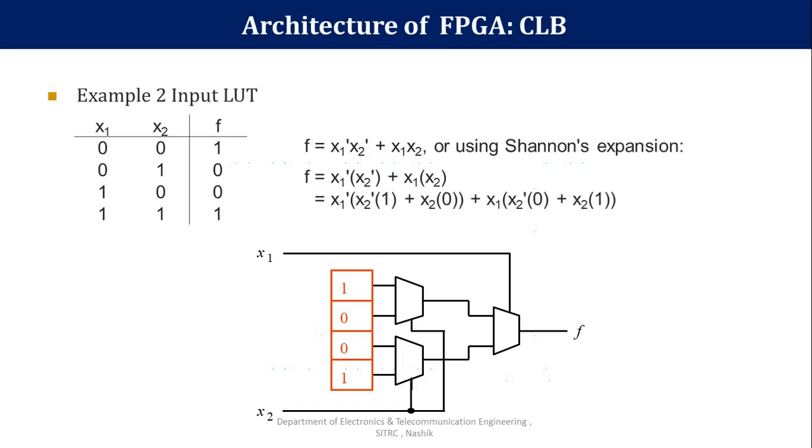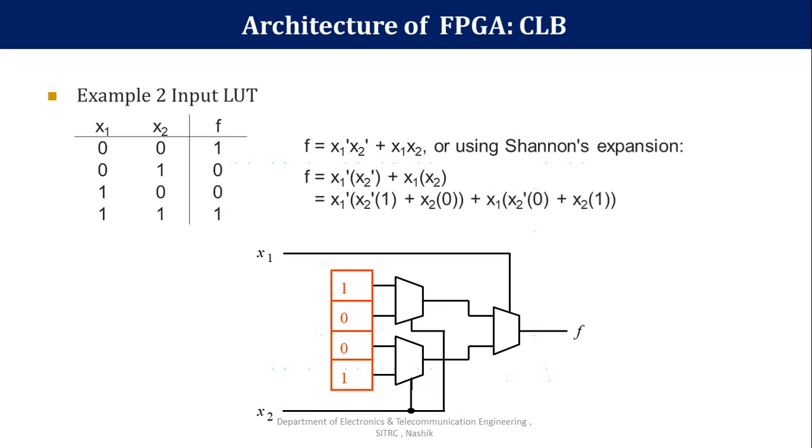X1 acts as the control input for the first multiplexer, and X2 acts as the control input to the second and third multiplexers. In this way, you can control the select lines of the multiplexers and select the particular storage cells.